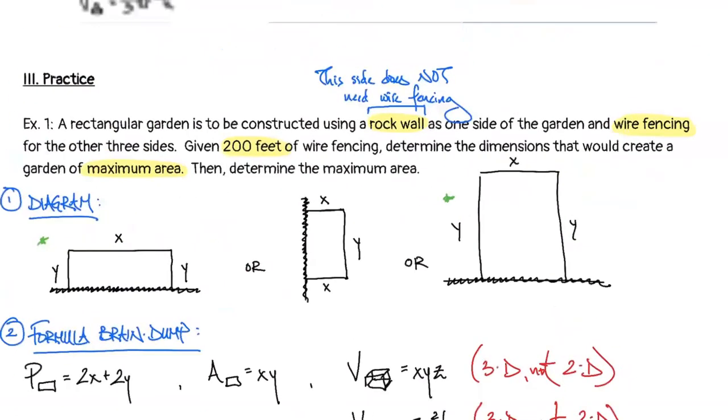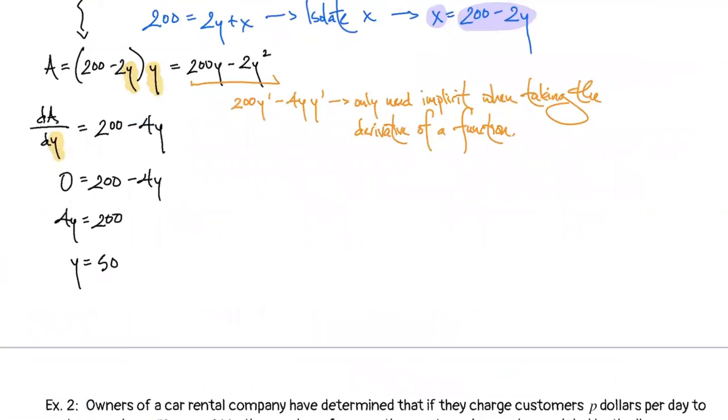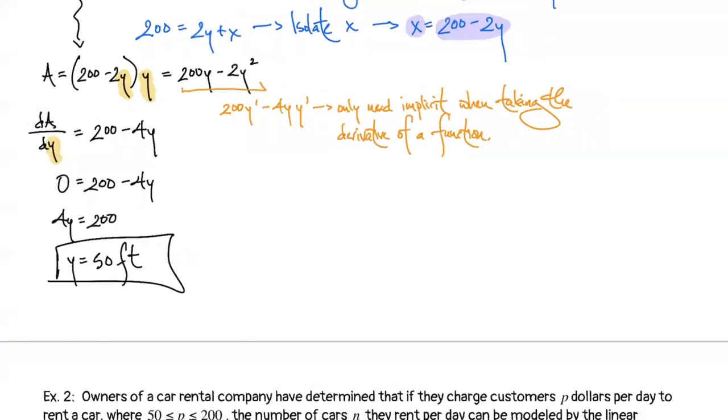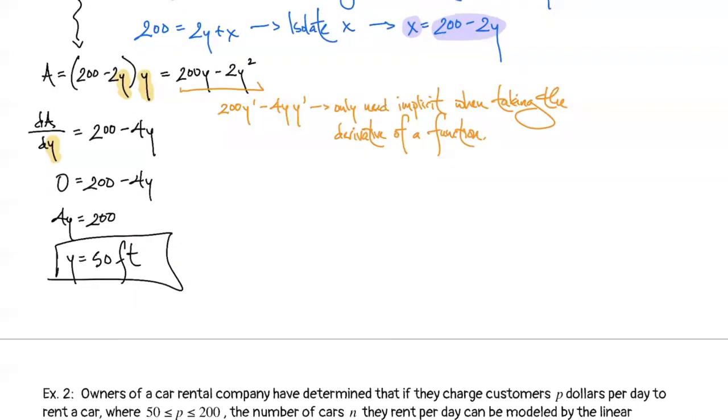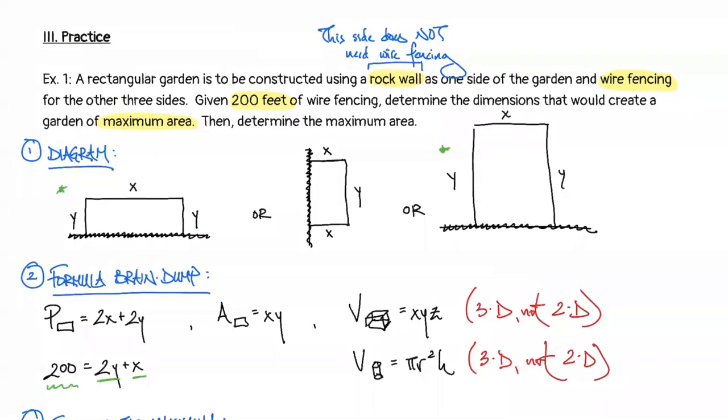And if we go back up to our question, everything is in feet. So I'm going to stick a feet at the end of this so I know what units I'm looking for. Okay, so y equals 50 feet. Now, it's really important that we answer the question fully. This tells us to find the dimensions that would create a garden of maximum area.